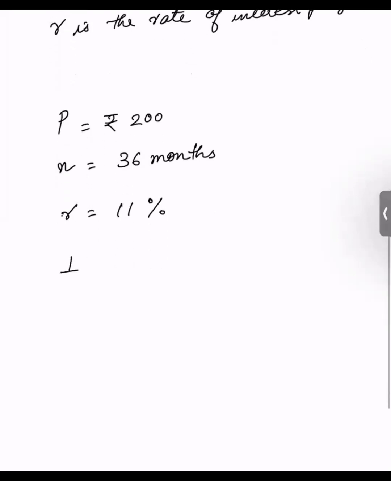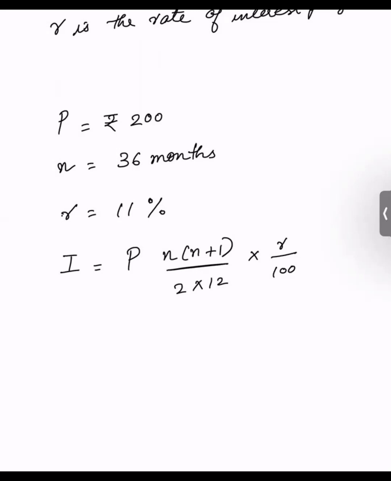So let us calculate what is the interest that she gets. What is the formula to calculate interest? P into n into n plus 1 by 2 into 12 into R by 100. This is the formula to calculate interest for recurring deposit. Let's substitute the values here.